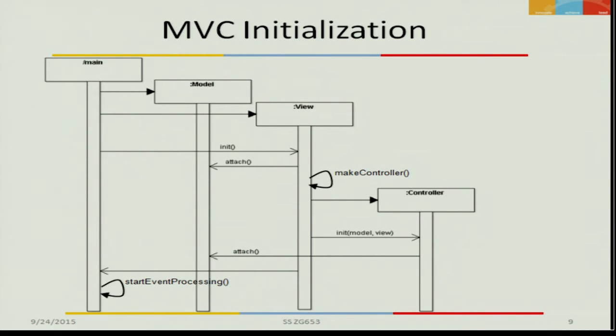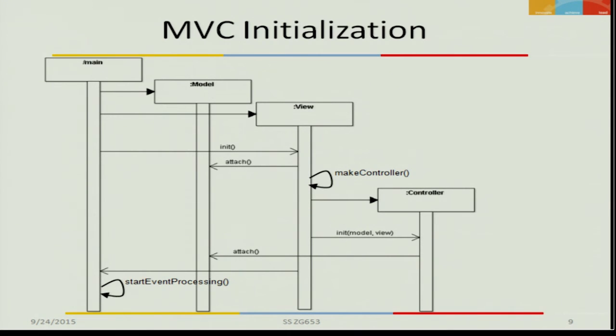So if you look at the init method, the view basically passes the handle of the model object as well as a view object as 2 parameters. So controller knows these 2 parameters and then essentially attaches itself. Now what does this attach mean in these cases? For both view and controller, attach means that it tells the model, please attach myself into your observer list.